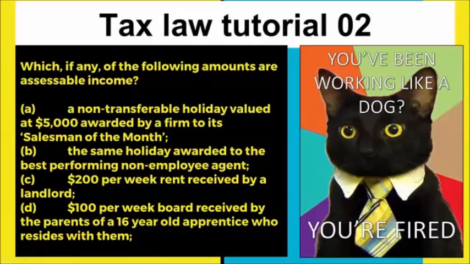So for the next part of this tutorial, we're looking at some specific types of receipts and assessable income scenarios. We're looking at holidays, things that are given to employees and non-employee agents as part of it, and a few things to do with property and income relating to property.